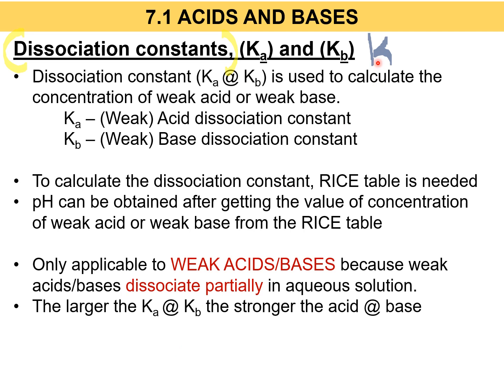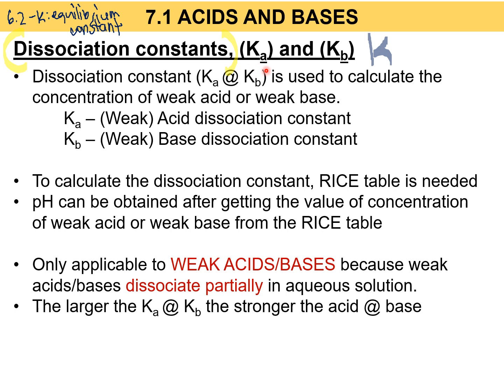Okay, I believe that bila you belajar dalam subtopic 6.2, kita anggap K ni sebagai equilibrium constant. Okay, tapi kalau dia kat chapter 7, if you nampak sahaja K, itu adalah dissociation constants.